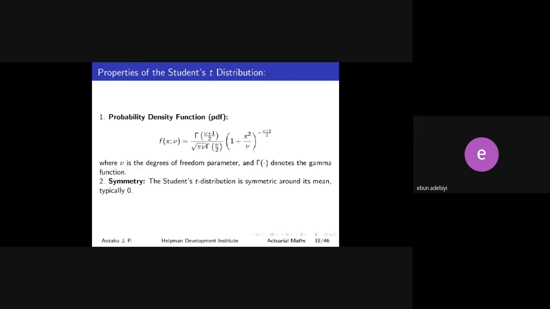So we have V degrees of freedom, and then it is parameterized by gamma. The gamma of V plus 1 over 2 denotes the gamma function. Then the student's T distribution has symmetry. That is, it is symmetric around its mean, which typically takes the value 0.